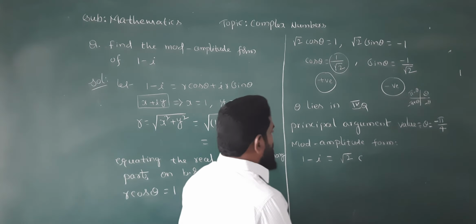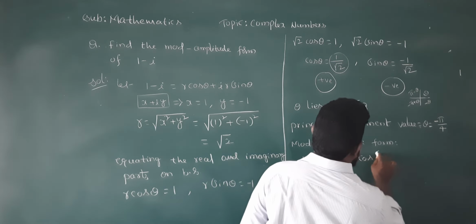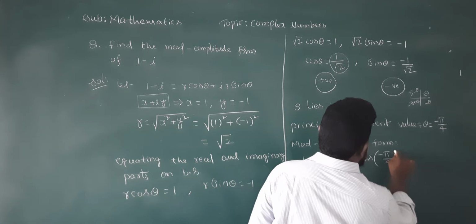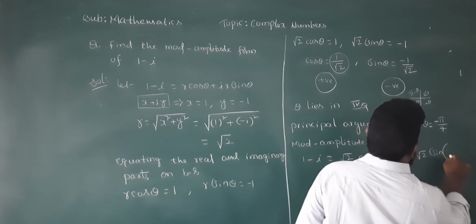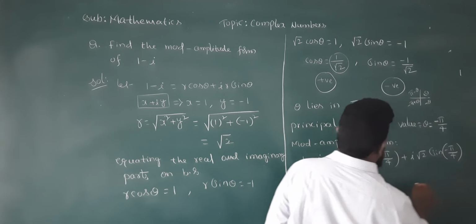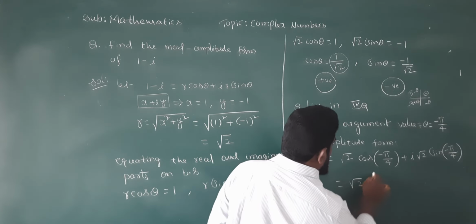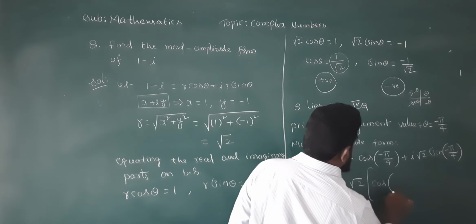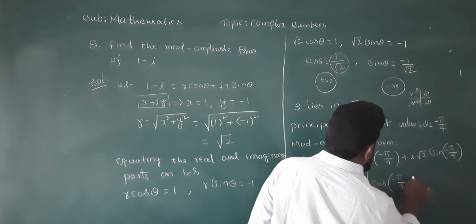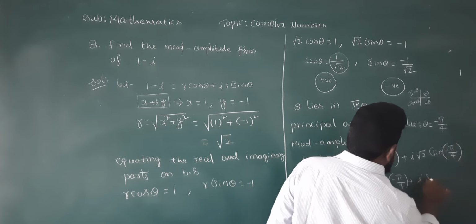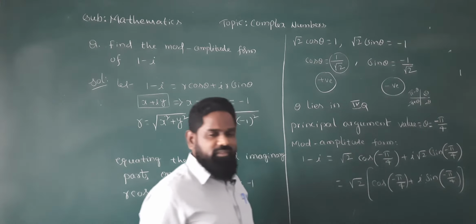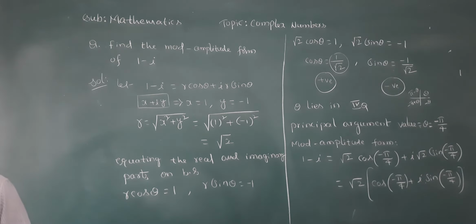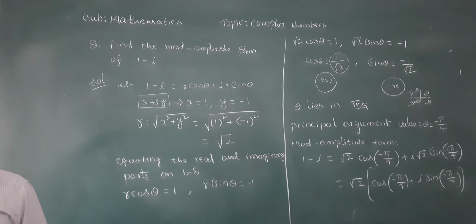Root 2 cos minus pi by 4 plus i root 2 sin minus pi by 4. Taking root 2 common, root 2 cos minus pi by 4 plus i sin minus pi by 4. This is the polar form of 1 minus i.